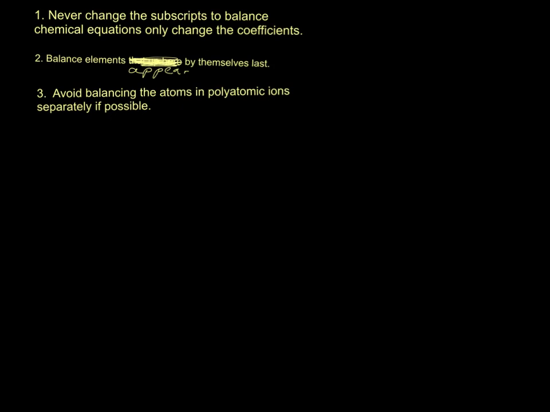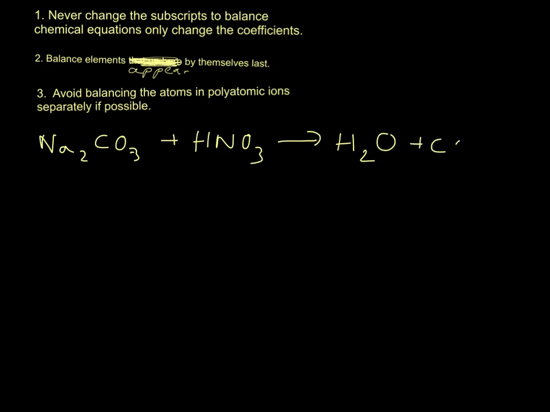All right, let's take a look at a reaction that's a different spin than what we've been looking at up till now. Let's look at one that breaks the mold. And we're reacting with nitric acid, and sodium nitrate.